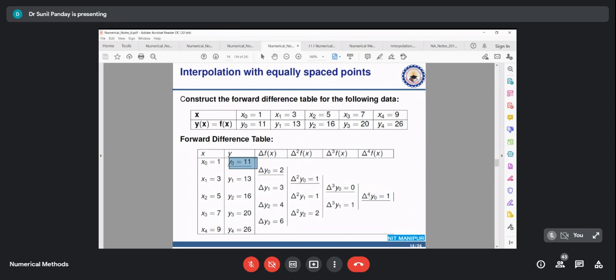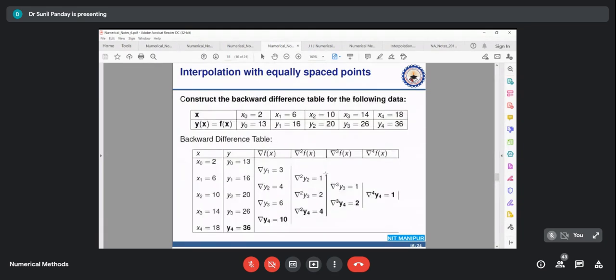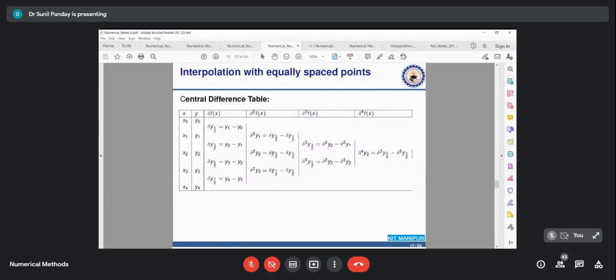And in the same way, if someone asks you to find the value near the middle value, x equals 5, like a value of y near 4.5 or 5.1, then we have the central difference table and central difference formula also. Here I am going to create the central difference table. This is my x, this is my y, and delta of y1 by 2 is equal to y1 minus y naught.